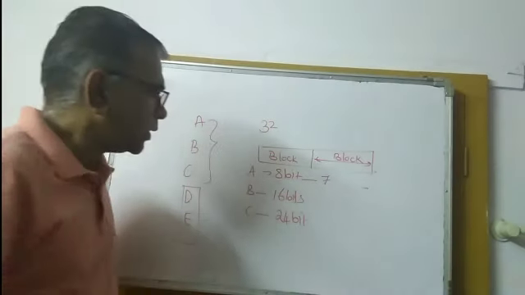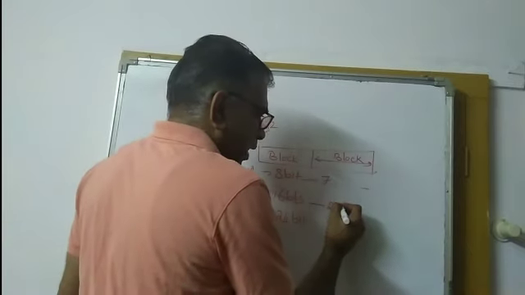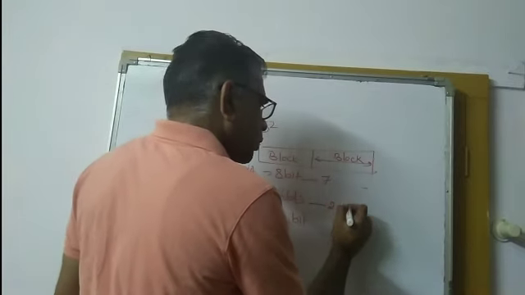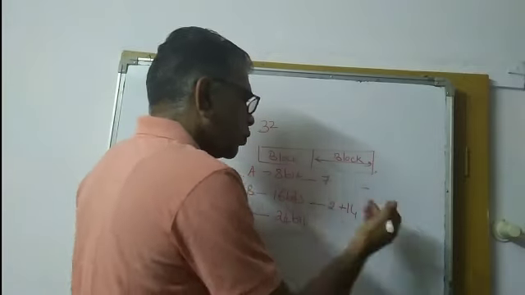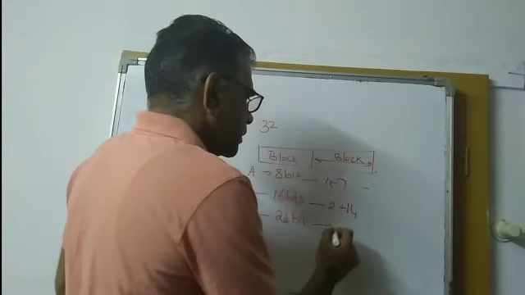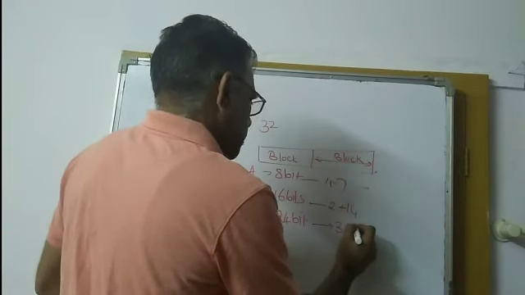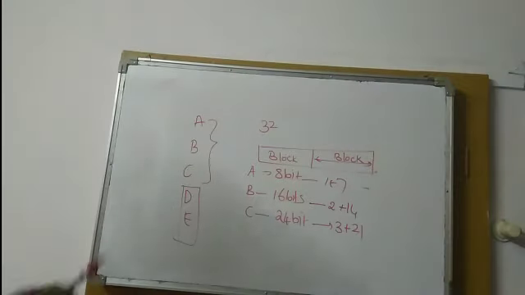In class B, 2 bits are fixed and the remaining 14 bits are variable. Altogether it is 1 plus 7, 2 plus 14, and 3 plus 21. Like this we divided the classes.